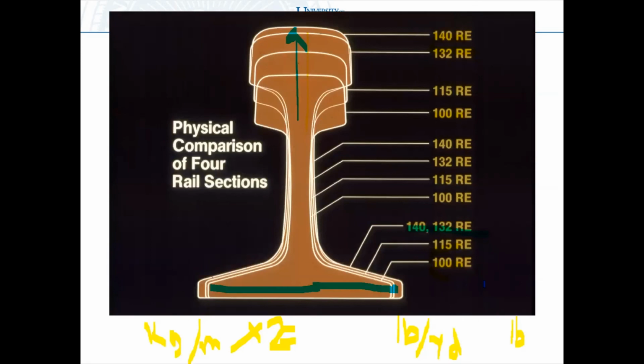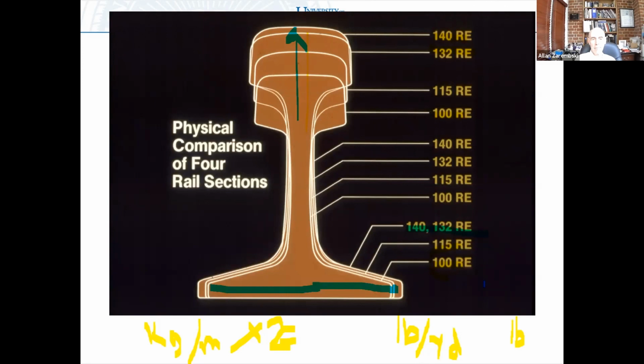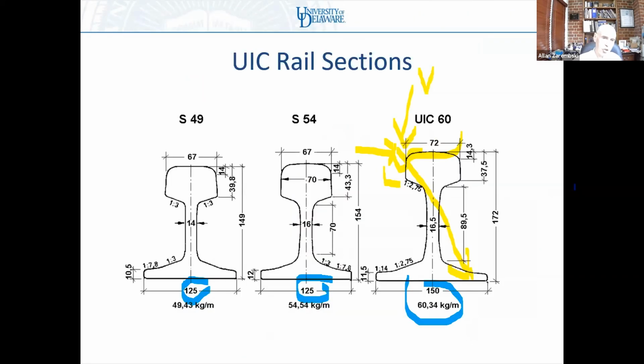Alan: Yes, what's the gain of a higher rail? Stronger. As we'll talk about in a few moments, the taller the rail, the greater the moment of inertia. That means for the same load, the stresses are less. Let's go back to your sections here.